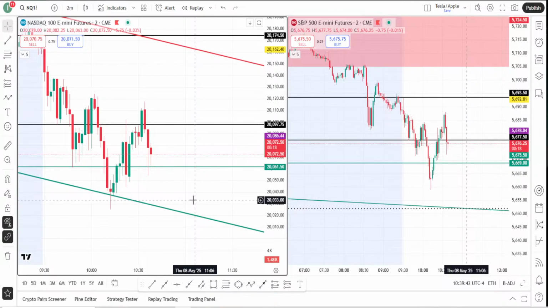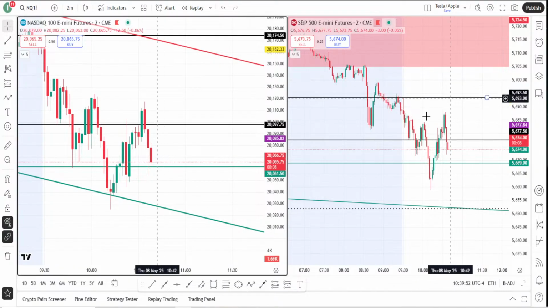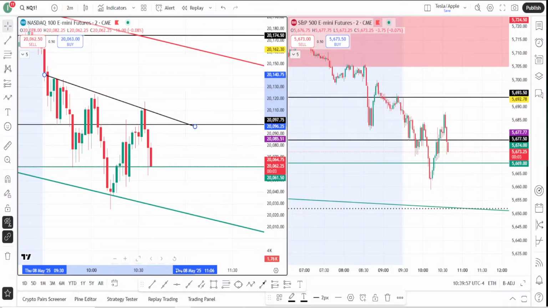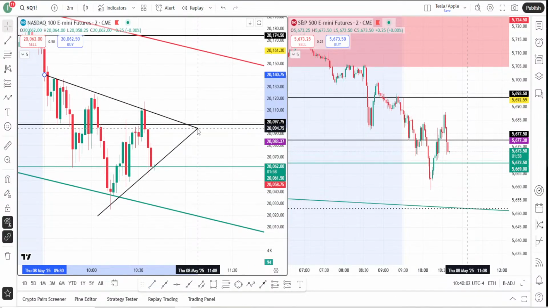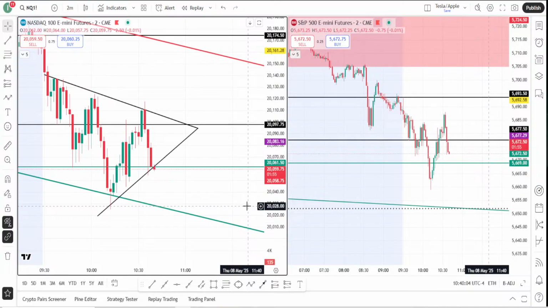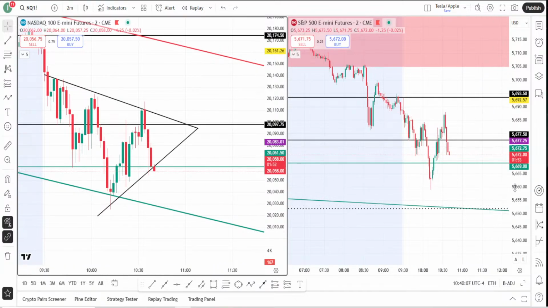I said we're at support, so got a bit of a range. You got a bit of a range going.